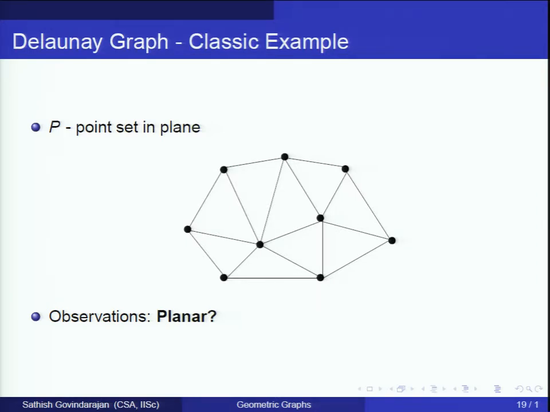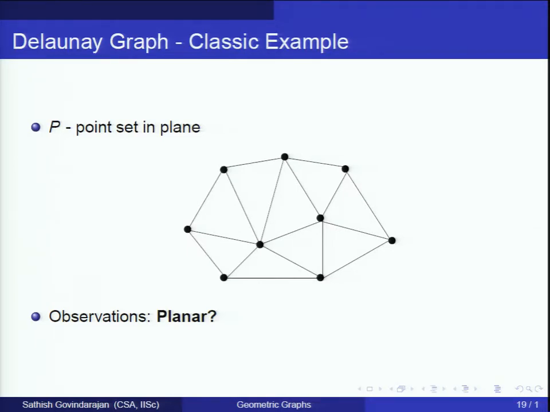A planar graph is a graph which can be drawn on the plane such that no two edges intersect at an interior point. The edges could possibly be touching each other. This edge and this edge are incident on the same vertex. That is not intersection. If you can draw a graph on the plane without edges intersecting, such a graph is called a planar graph.